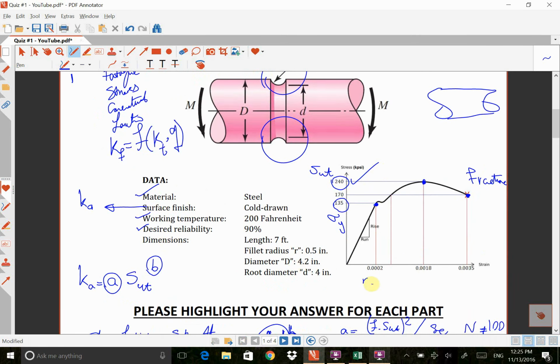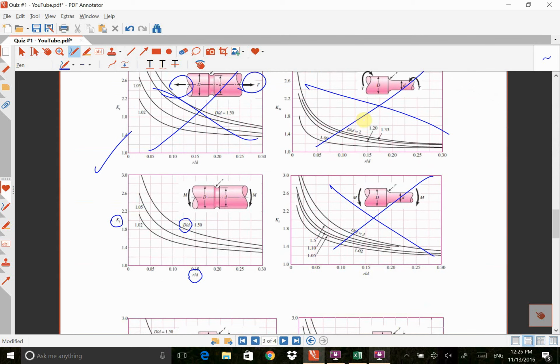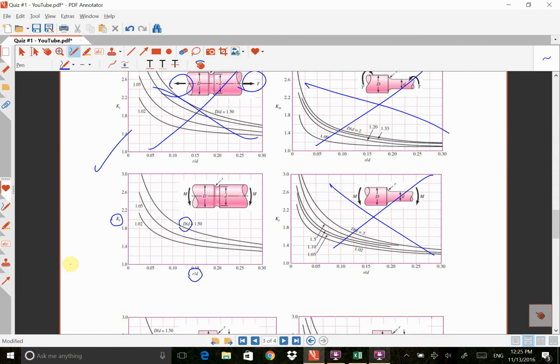R is 5, D is 4, and capital D is 4.2. So I can find D over D, 4.2 over 4, which will be 1 over 5.